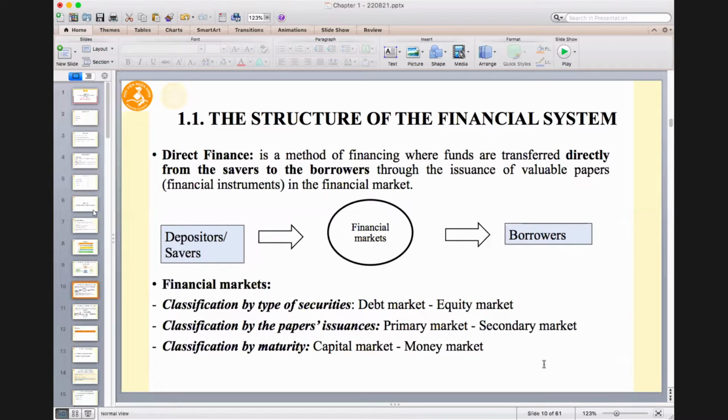So they trade the stocks in the secondary market. Now, do you get it? I want to hear some voice. Do you get it or not? If you say nothing, I'm very worried.